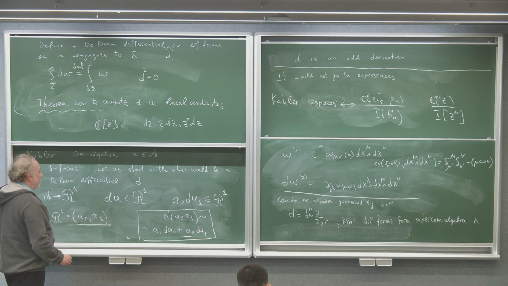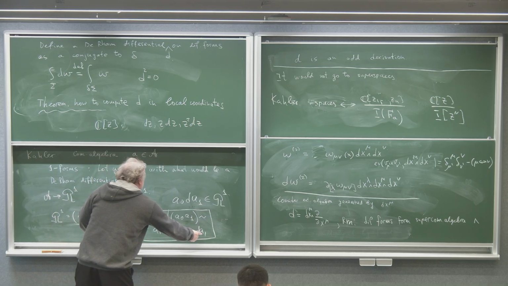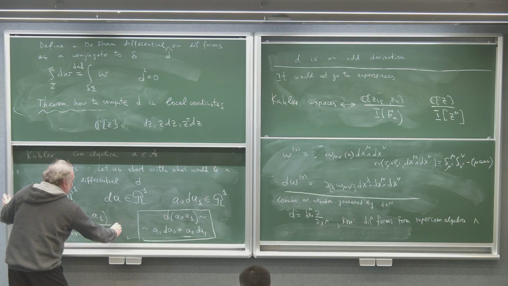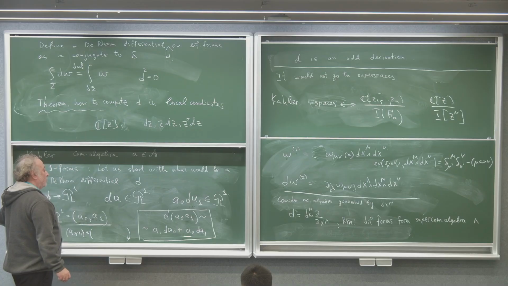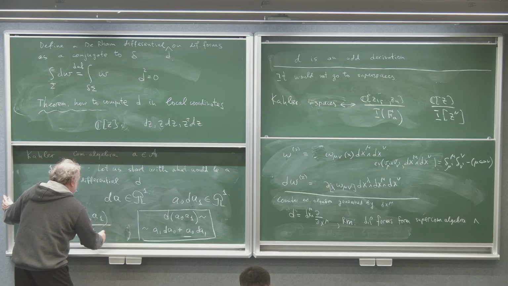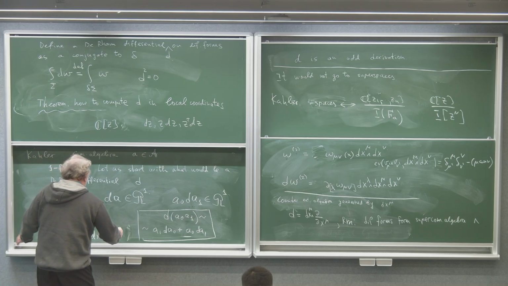And the equivalence relation is that A0 dA1 is equivalent to the pair 1, A0 A1 minus A1 A0.